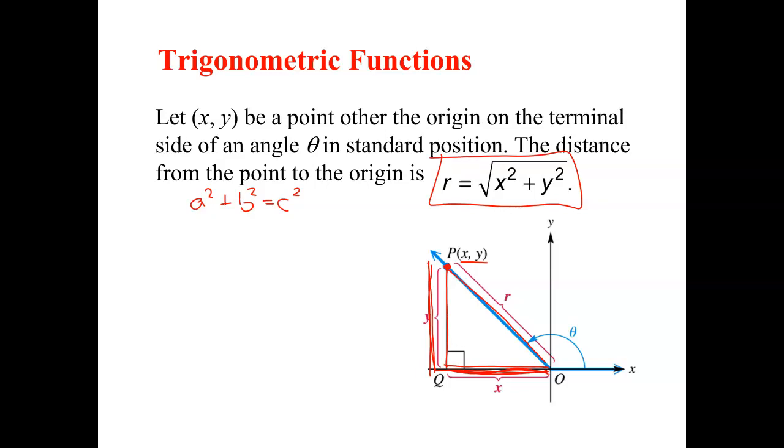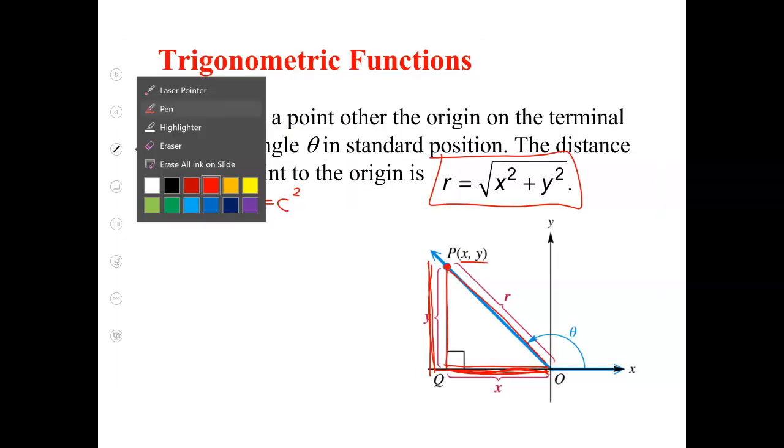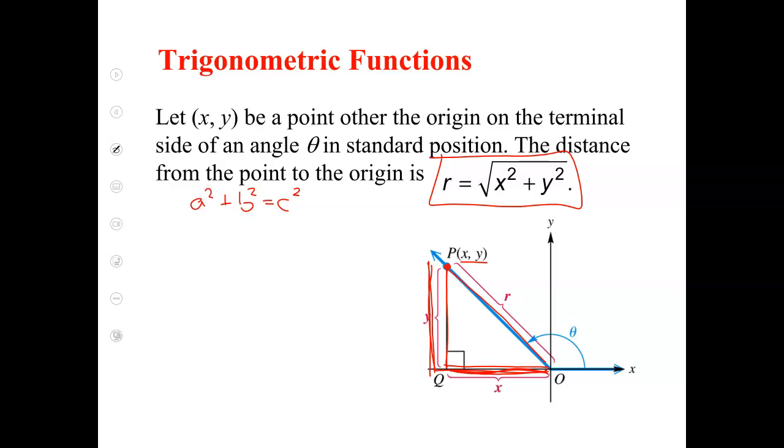If I have legs x and y, they just measure a and b. And then c ends up being what we call the radius. That's why we use r, because we're referring to radius.